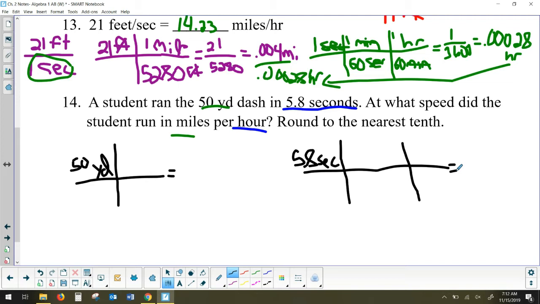Okay, so number 14. Number 14 says you need to go from 50 yards to miles. We look back at our sheet, we find that how many yards are in a mile? We have 1,760 yards in 1 mile.